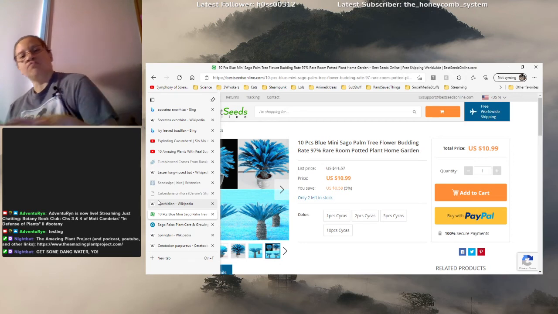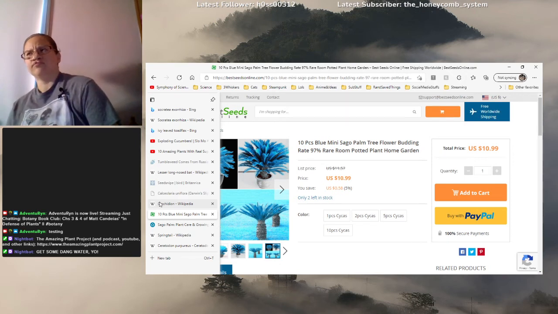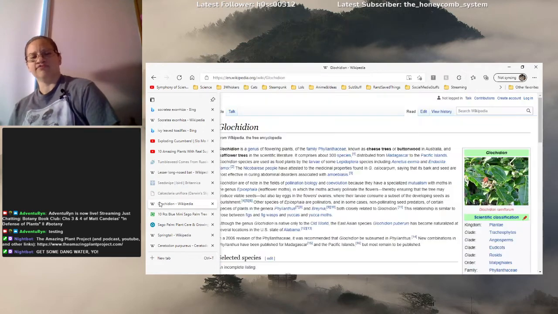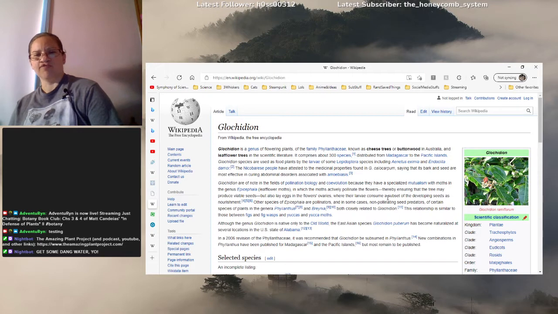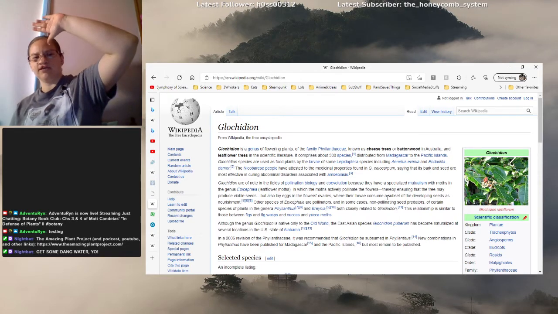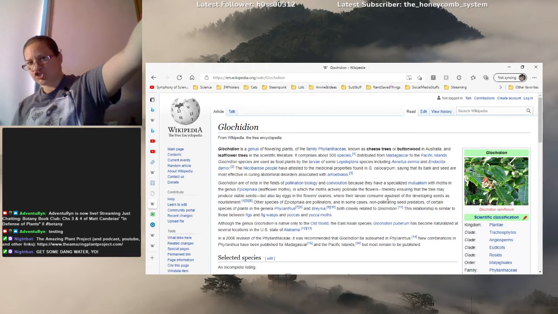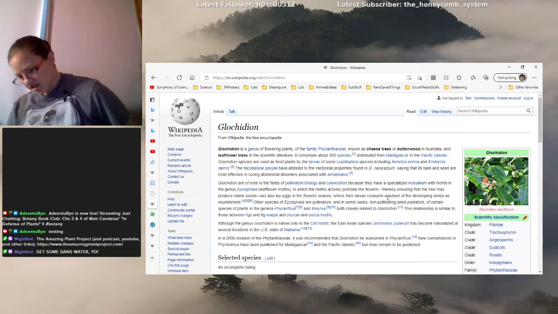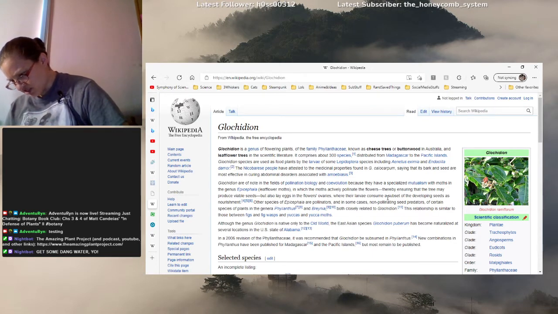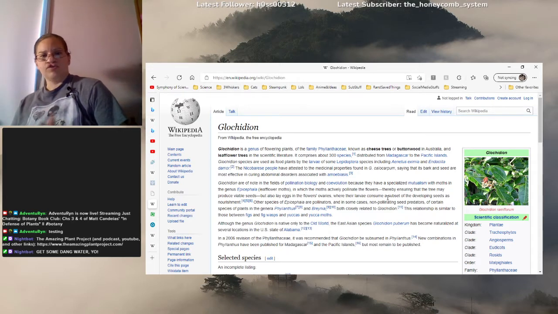So, carrying on with discussions of interesting pollination strategies, we've got the Glochidion genus here, specifically Glochidion lanceolarium.